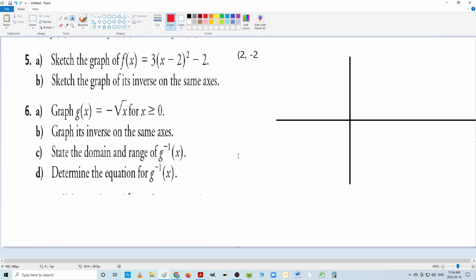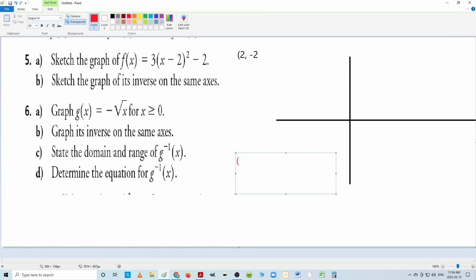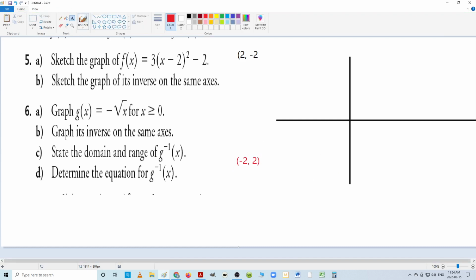So I'm going to, in red right away, put the vertex of the inverse. And I'm going to try to graph this close. So 2, minus 2 is roughly here. And minus 2, 2. I should make that first one in green. And minus 2, 2 is roughly here.